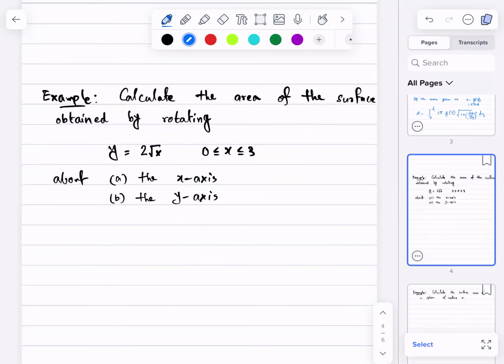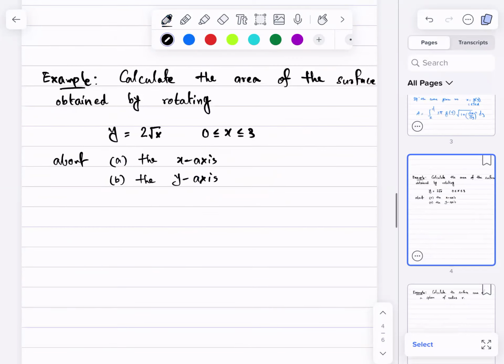So the first example: suppose that I need to calculate the area of the surface obtained by rotating this curve. This is my given curve, and I will try to get the area for rotating around the x-axis as well as the y-axis.